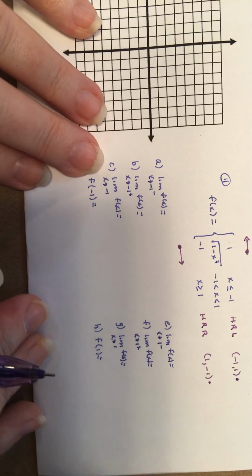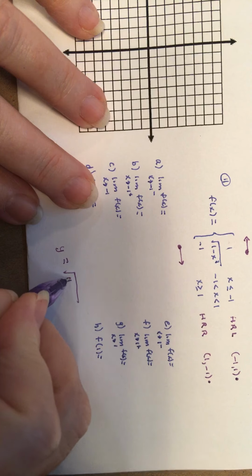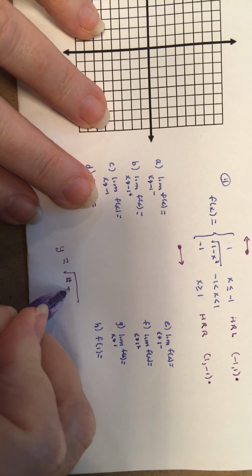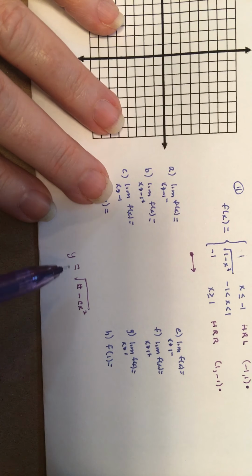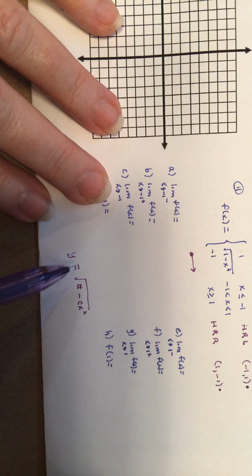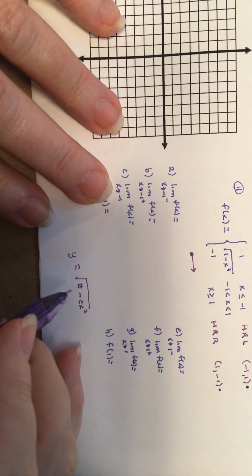You should know that y equals number minus, and you can have a coefficient, I don't care. But when you see something like this, y equals the square root of a number minus, then we are going to be a circle. Now, why is that?